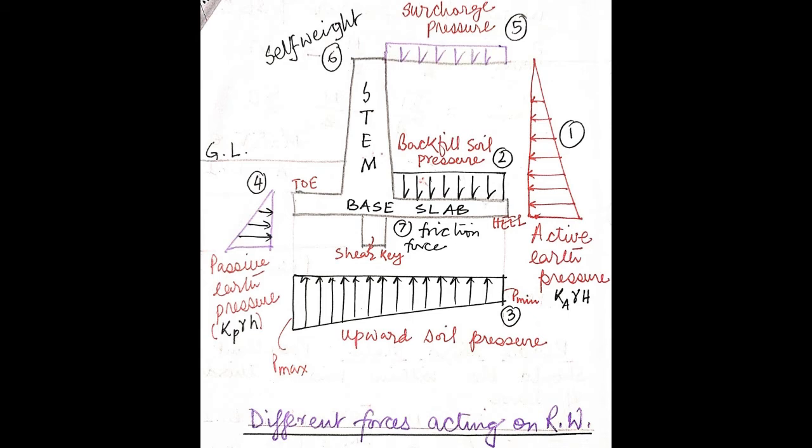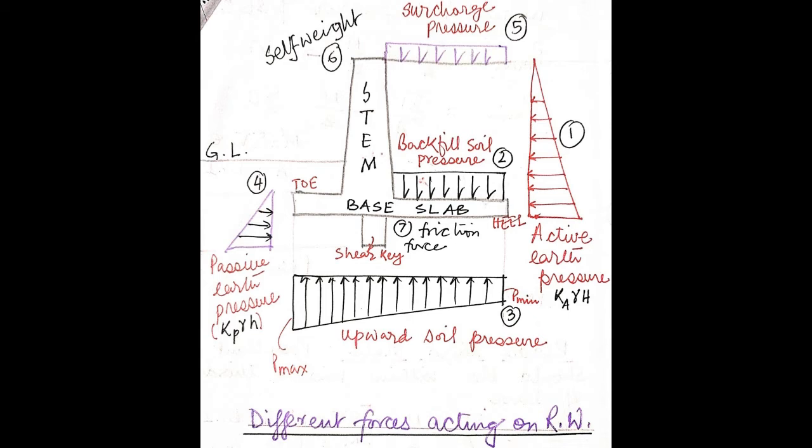Now let us see what forces are acting on it. I have shown a total of 7 forces acting on the retaining wall. Let us start with serial number 1. You can see the numbering is done in black color, and the forces are shown in different colors: red, violet and black. The number 1 force acting on the retaining wall is the active earth pressure.